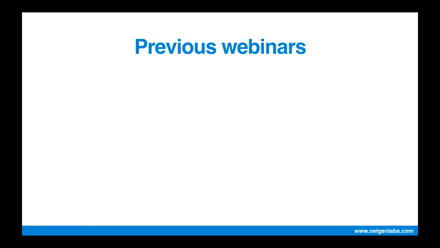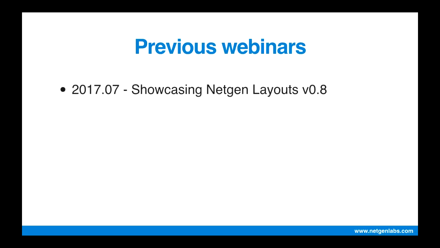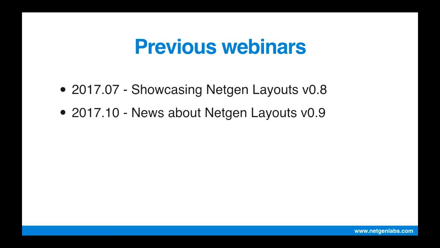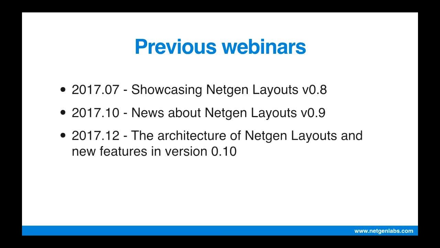Okay, so about the previous webinars related to layouts, just a recap so you know what to check. The first webinar was about Netgen Layouts version 0.8, and it was a bit about Netgen Layouts in general. In October, we had some news about version 0.9, more or less about the translation capabilities.